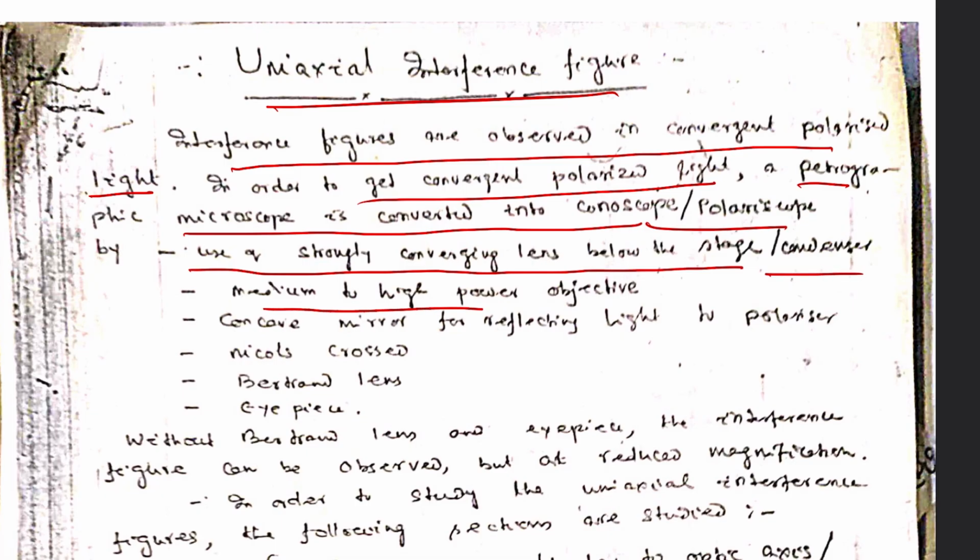A medium to high power objective is used. A concave mirror reflects light to the polarizer. Nicols are crossed. Bertrand lens is used.